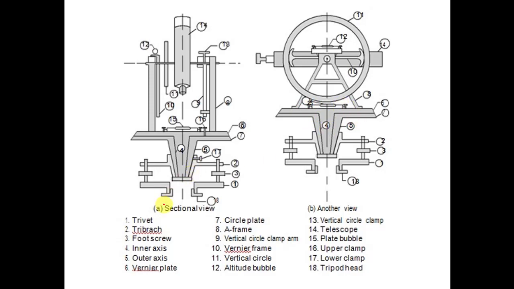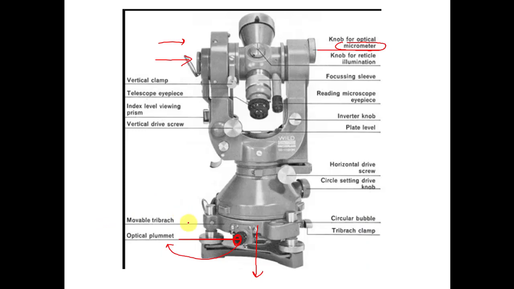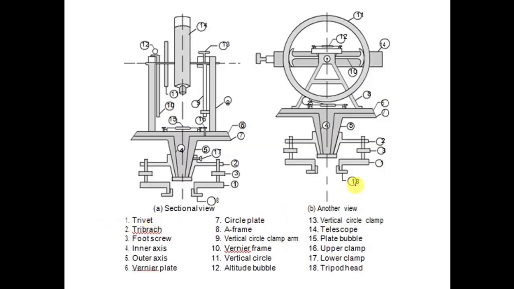Let's start with the first point. As I told you earlier, we have a trivet, the first point. Over this trivet we have a tribrach, and then foot screw, inner axis. So let me show you the inner axis. Okay, this fourth one in this figure.